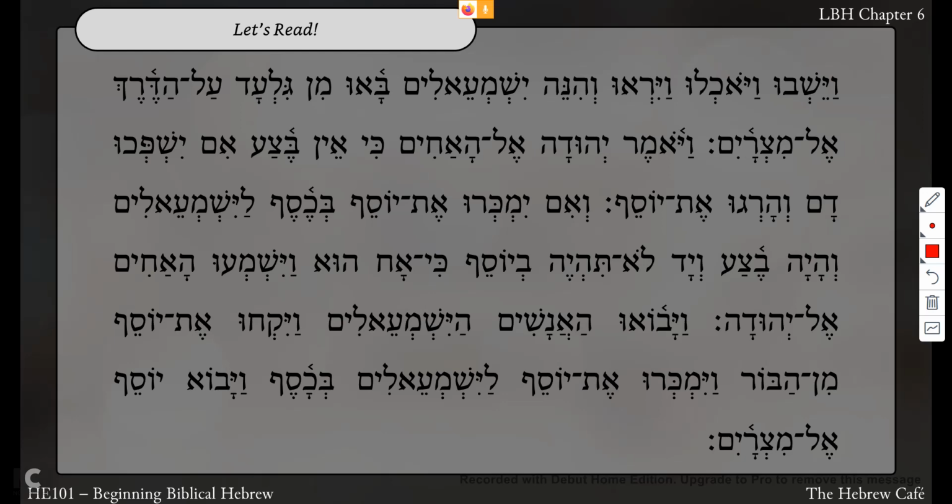What will they spill? Dam. This is blood. Okay, so Judah said to his brothers that there would be no benefit if they would spill blood, meaning if they would cut somebody open and try to kill them, right?